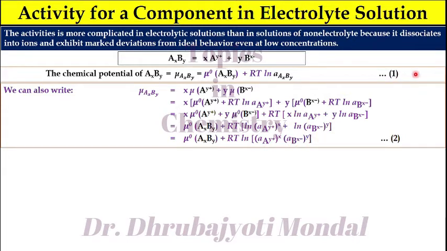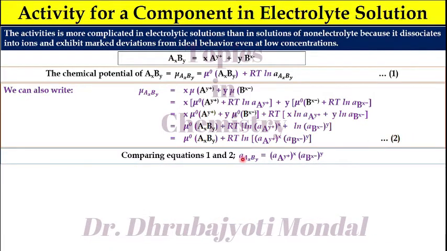Now if you compare equation number 1 and equation number 2, you can say that activity of the electrolyte AxBy is equal to activity of the cation to the power x, activity of the anion to the power y. Okay, so this is the formula of activity of an electrolyte.